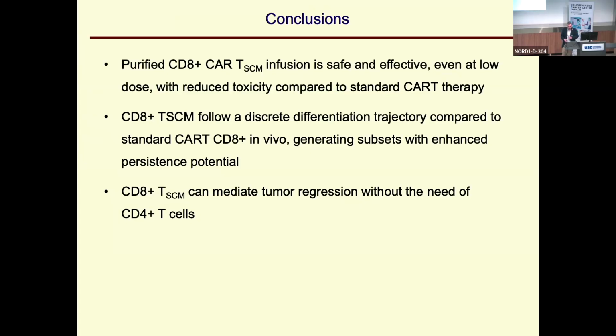It's something that we're looking into. There's a different trajectory of differentiation of these purified stem-like populations compared to the standard product. So depending on where you start from, you're going to have a different scenario in vivo. And we have already talked about the independence from the CD4 positive T cell response.